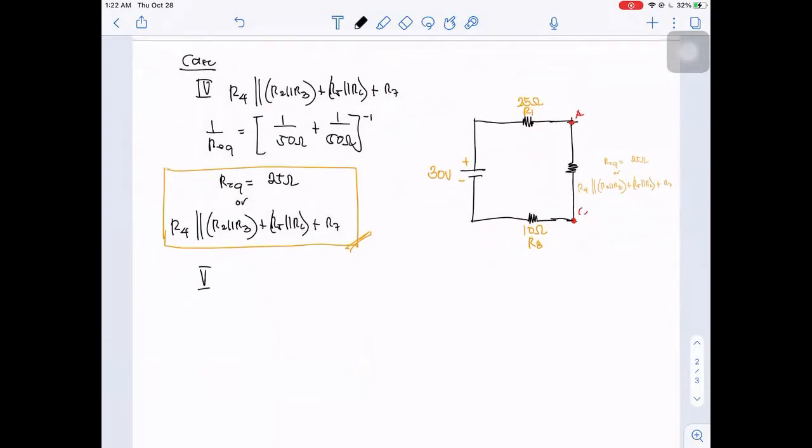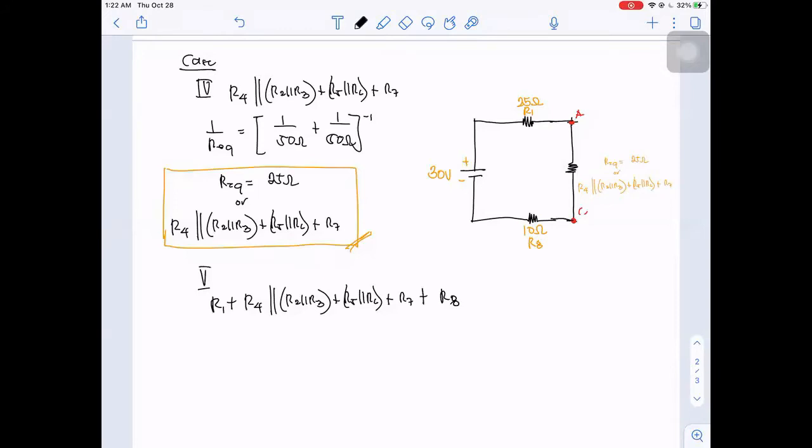So we can now have R1 in series with this one, plus this is in series with R8.